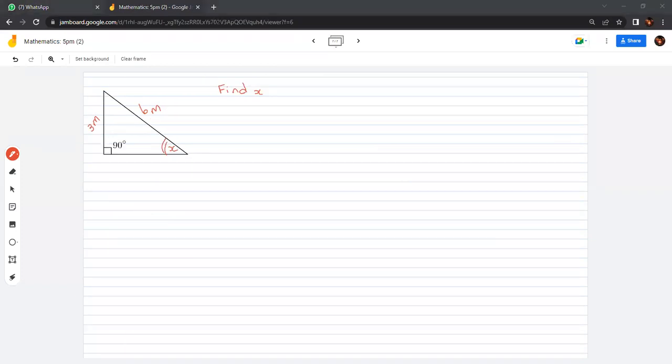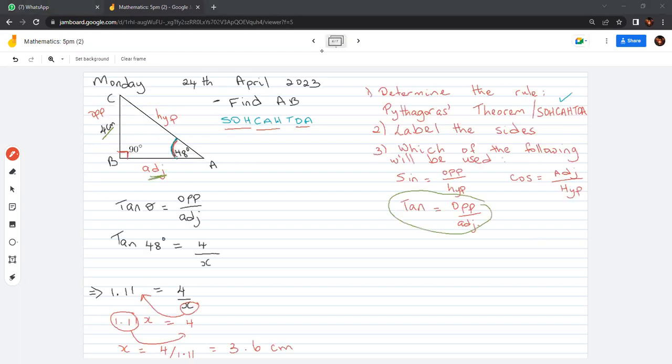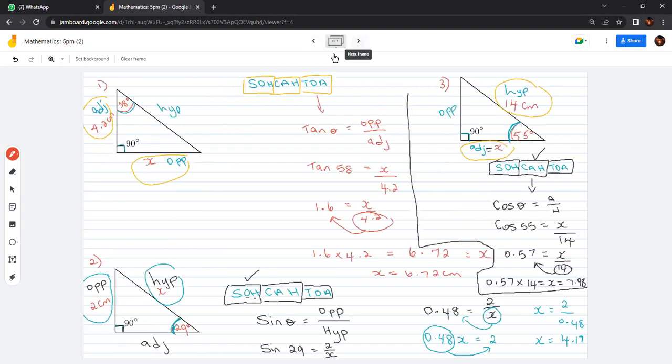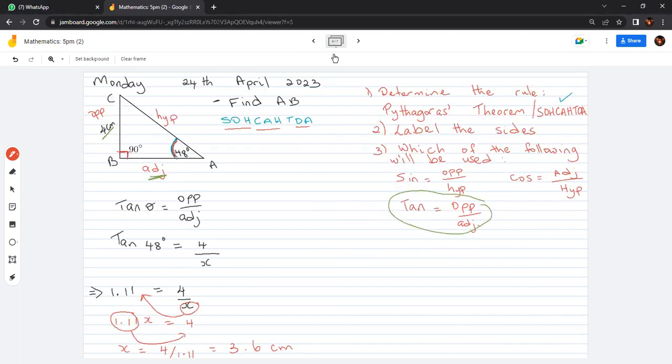All right, so for this one, they gave us to find the unknown angle X. Now your first step, remember in your steps, there's a decision to make. You have to determine, as it's a right angle triangle, are we going to use Pythagoras theorem or are we going to use SOHCAHTOA?